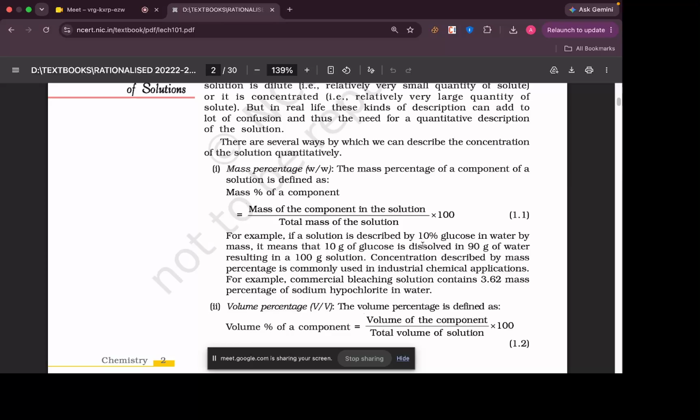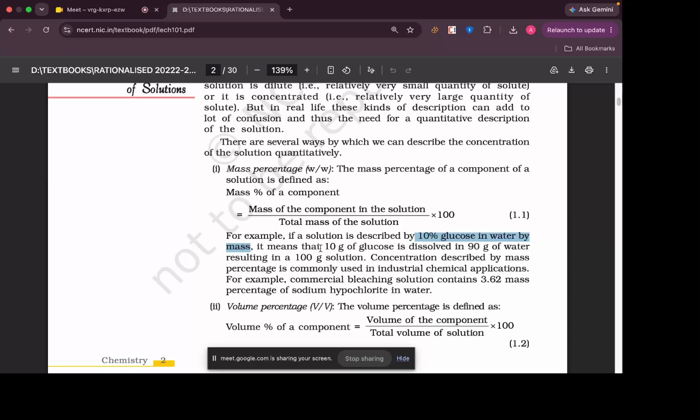Let's say it is written 30% glucose in water by mass. What does it mean? Tell. It means that 30% of the total mass of the solution, where the solvent is water, is made up of glucose. So how many gram is glucose here?